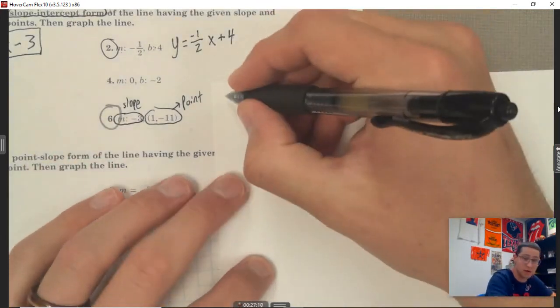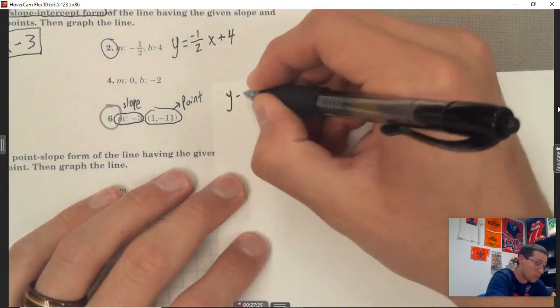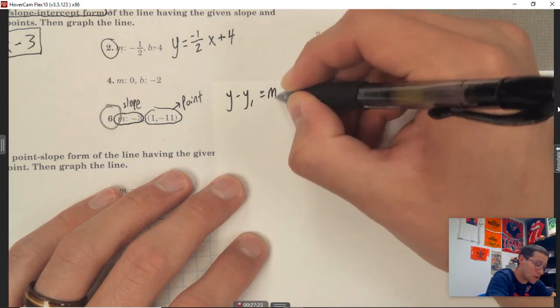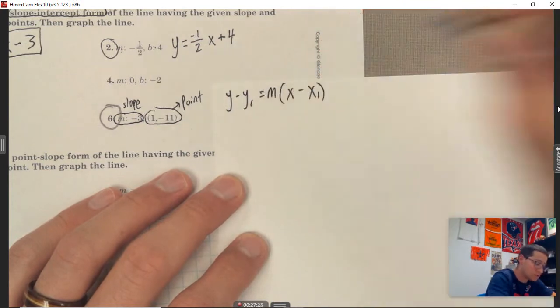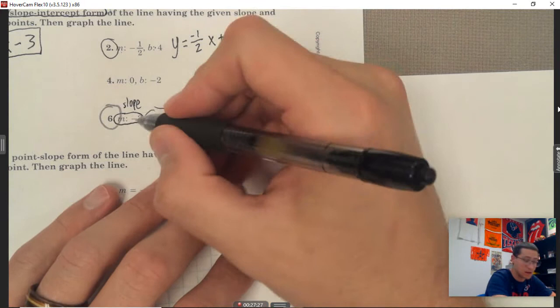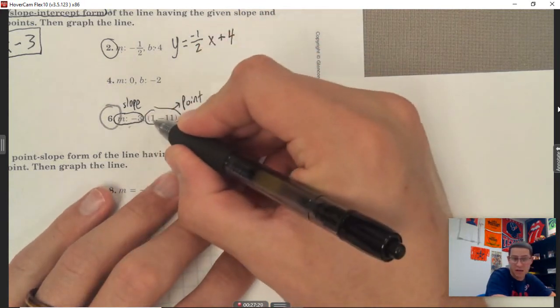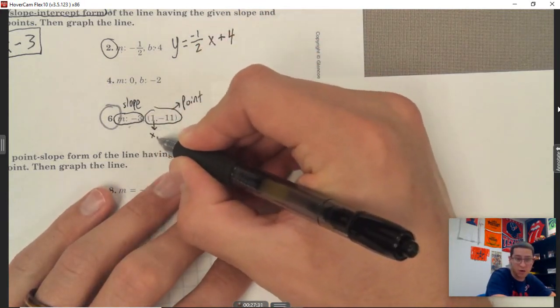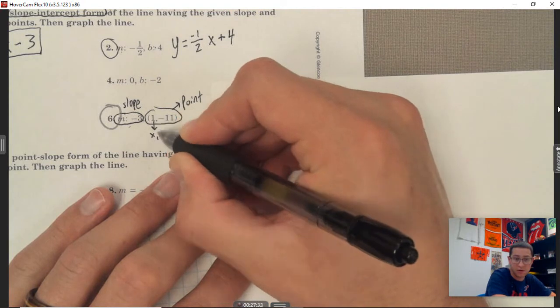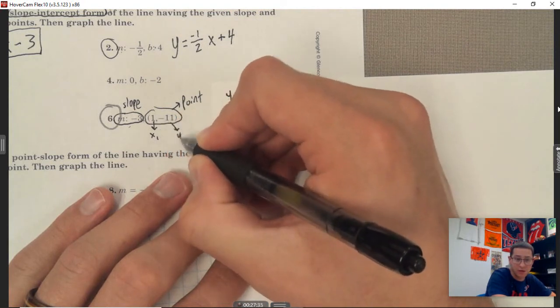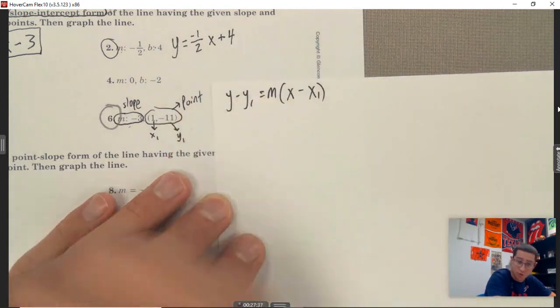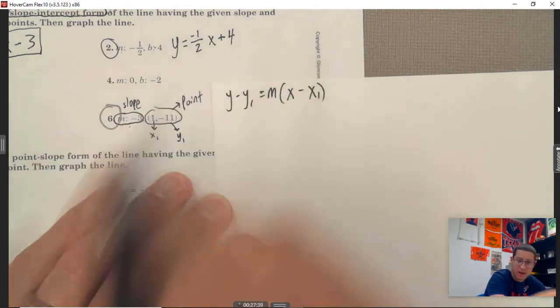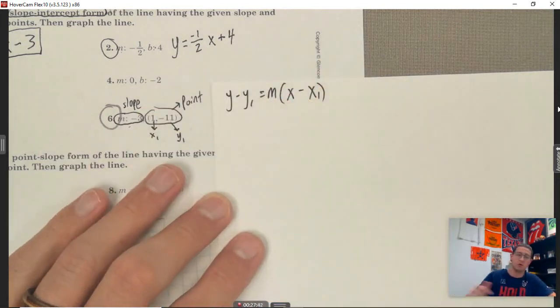Here's my point slope format. Y minus y1 equals m times x minus x1. And let's label everything. You already have your m. That 1 is going to be your x1. That negative 11 is going to be your y1. So from here, I plug in everything, and then we're going to think about how we can convert it to slope-intercept.